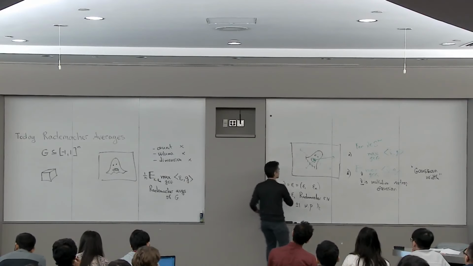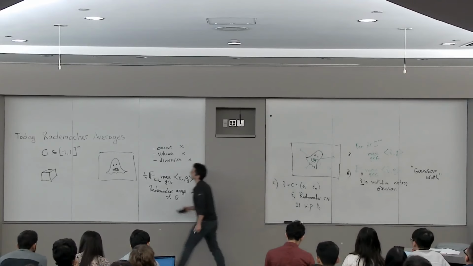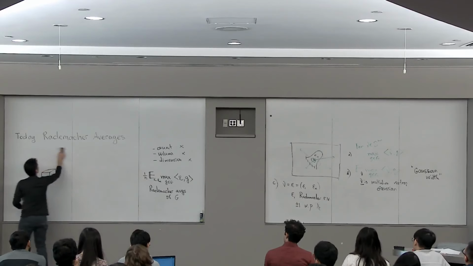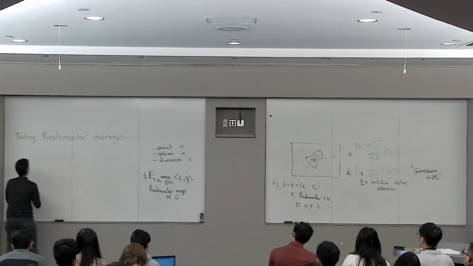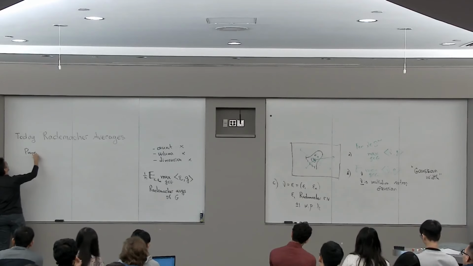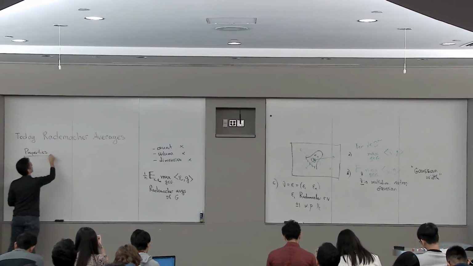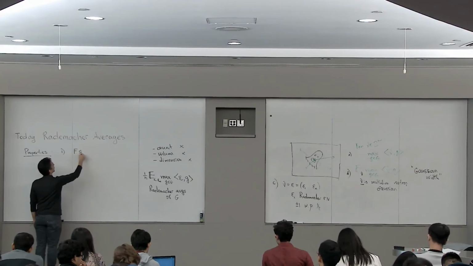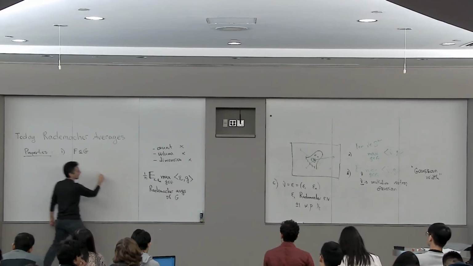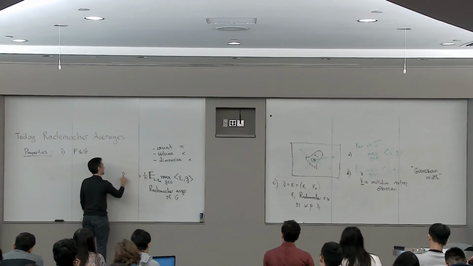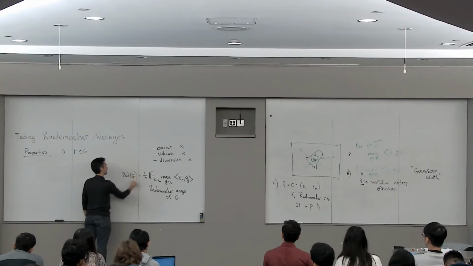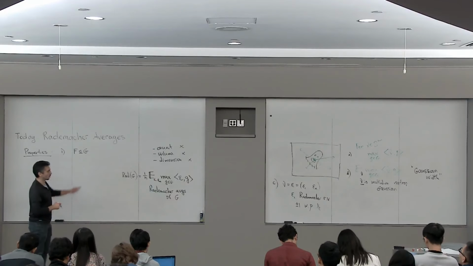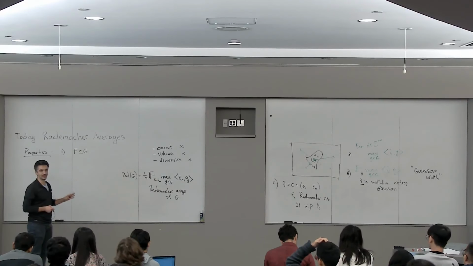Okay, some properties. I'm going to give a name to this. I'm going to say rad of G. I was told recently that rad is a slang word.